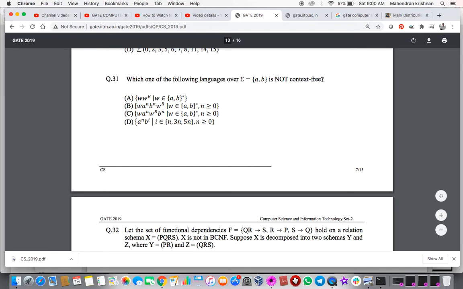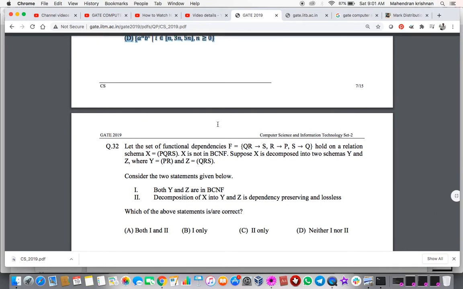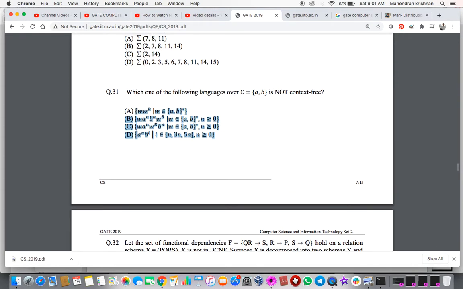We need to remember what is context free and what is not, and try one by one to find out which one is not context free. So this has memory as well as applying. There is one principle, so we need to find out which option obeys the principle.